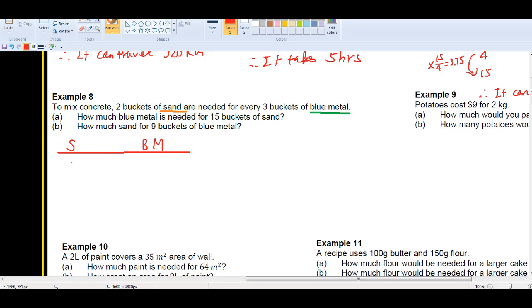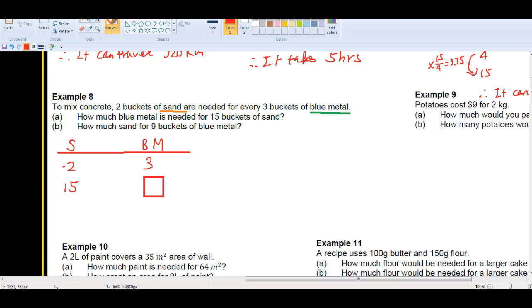So let's write for 2 buckets of sand, 3 buckets of blue metal, so 2, 3. How much blue metal is needed for 15 buckets of sand? Okay, it's here. So that's what you're going to find.